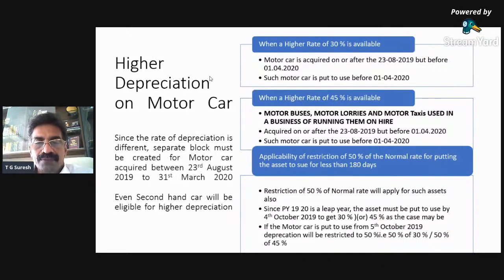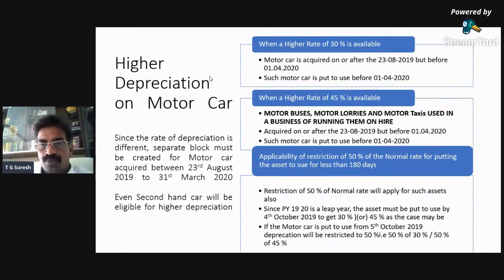But however, for the purpose of this higher rate, the motor car has to be acquired on or after 23rd August 2019, but before 1st April 2020, and must be put to use before 1st April 2020. Very important point. So the acquisition has to be between 23rd August 2019 and 31st March 2020, and the car must be put to use before 1/4/2020.